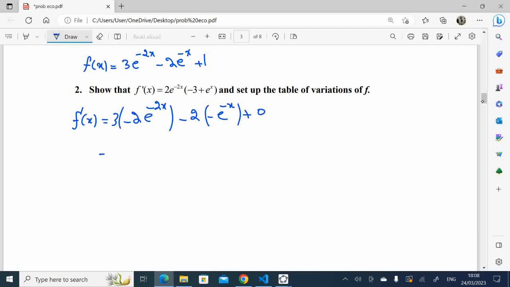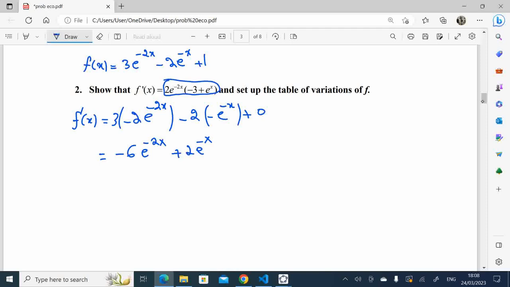So this is equal to 3 times minus 2, it's minus 6e^(-2x), minus 2 times minus, it's plus 2e^(-x). So they want us to prove that f prime equals this one.